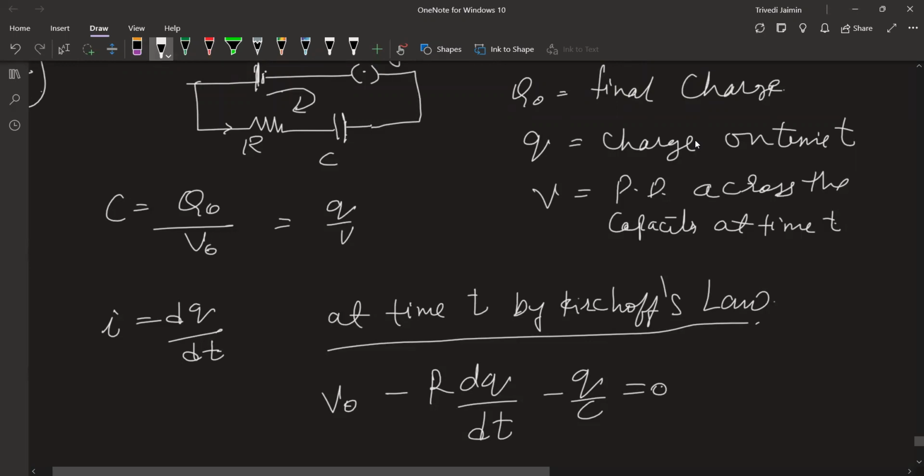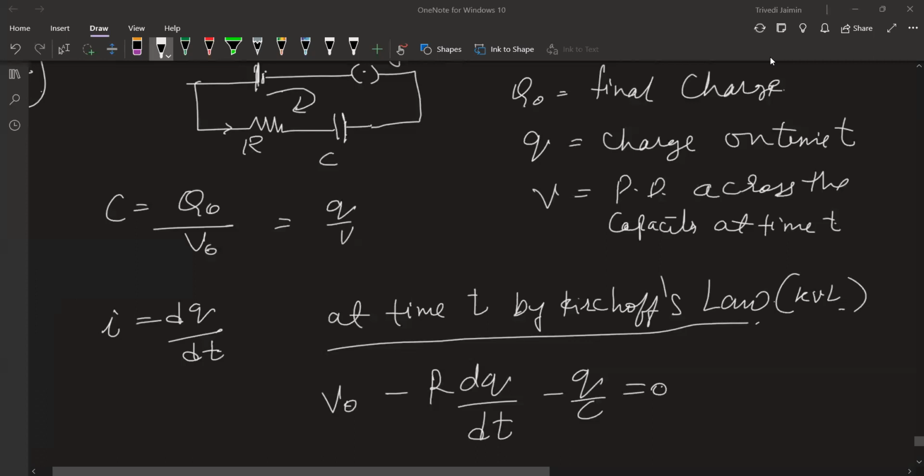So those who don't know, understood what is KVL here, Kirchhoff's voltage law? Summation of all voltage equals 0. For the time being, you just learn this much.